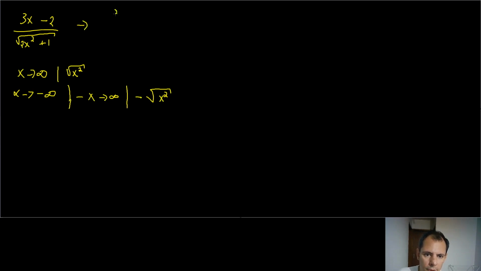So it's going to be 3 minus 2 divided by x over... Now you see, when you take the square root of something divided by the square root of something else, you can make this whole thing just one square root. So that's what we're going to do.